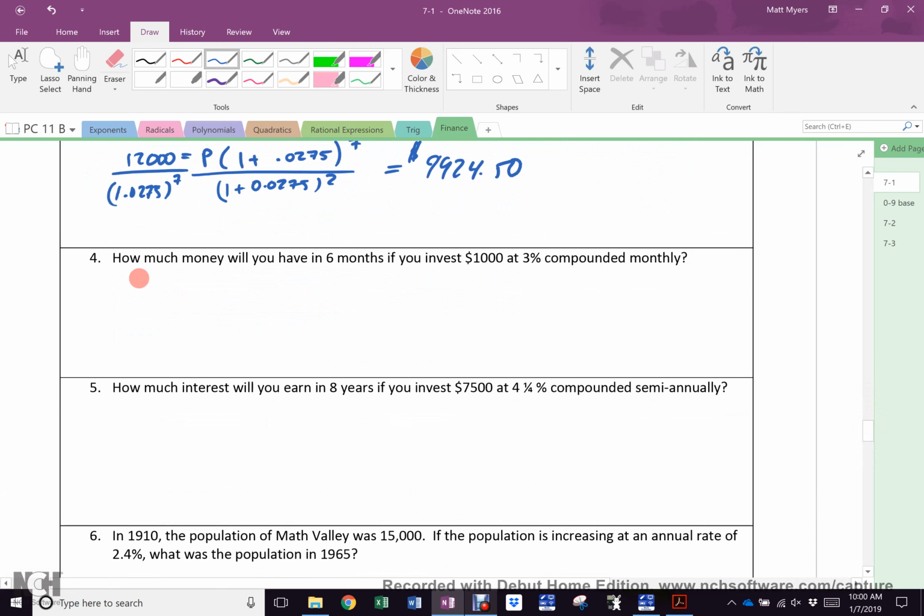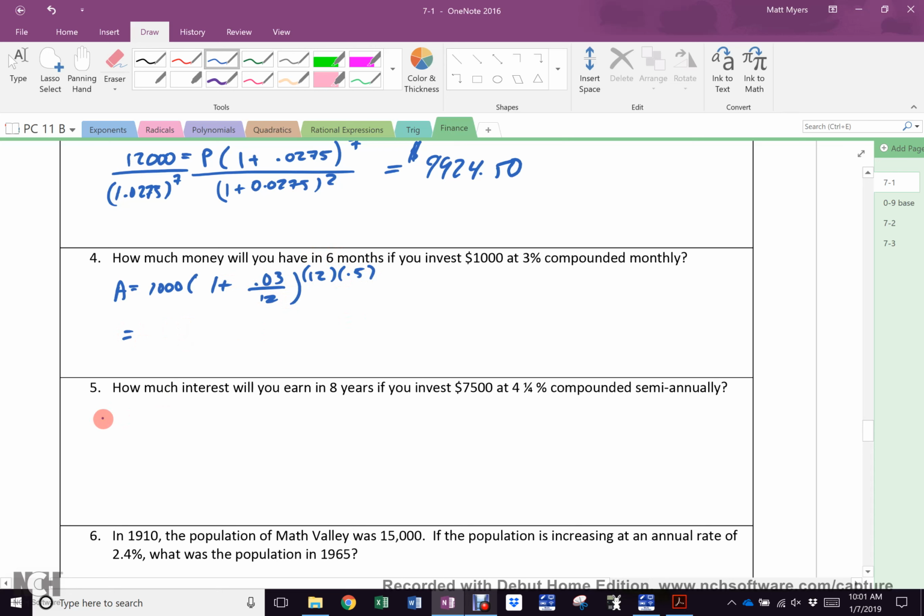You can check it and see if you got it correct. This is 1,000 times 1 plus 0.03 over 12 to the 12 times what? 0.5, because it's half a year. So you will have to punch that in and get an answer for yourself.